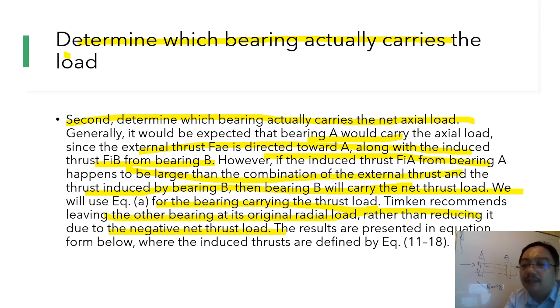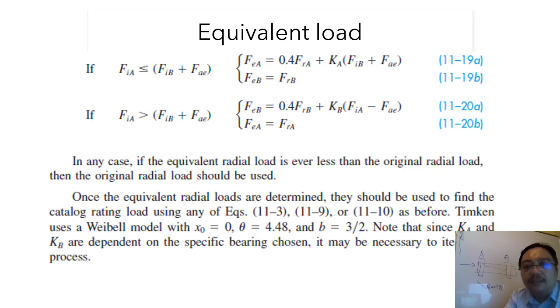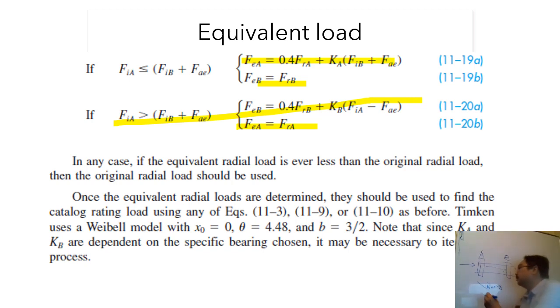So try to understand the example I am giving. This is the equivalent load, and this is the equivalent load. You can find this is for the Timken company. You remember, originally from the equation Fe equals X Fr plus Y Fa, something like that.